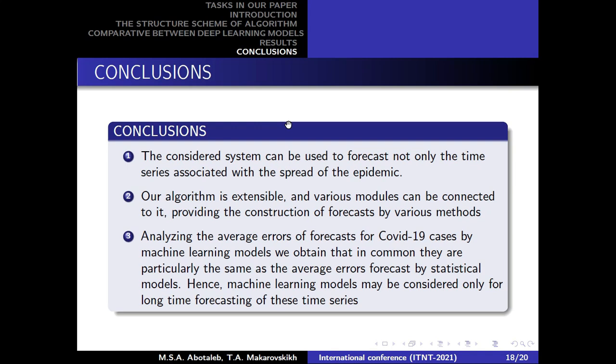Analyzing the average error of forecasts for COVID-19 cases by machine learning models, we obtain that in common they are particularly the same as average errors forecast by statistical models. Hence, machine learning models may be considered only for long time forecasting of these time series models.